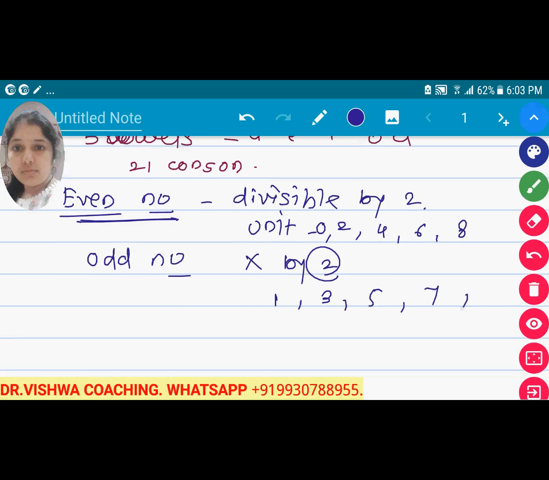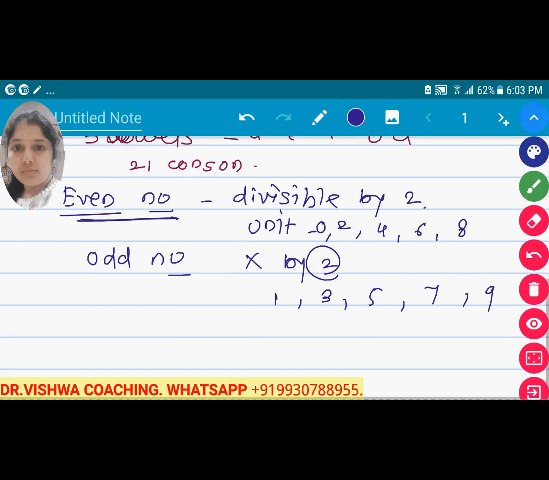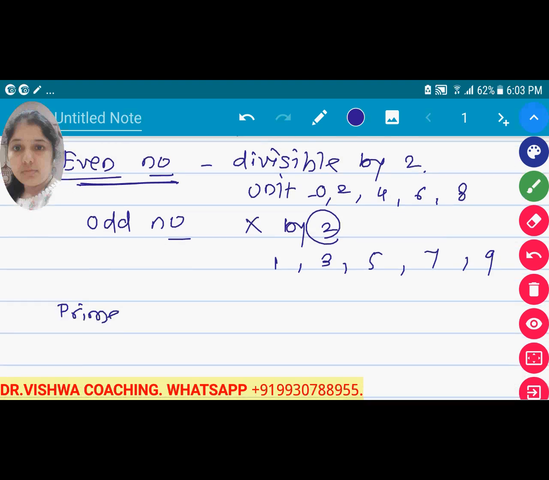And what is meant by prime number is also known to you. The number which is divisible by 1 and the number itself is called a prime number.